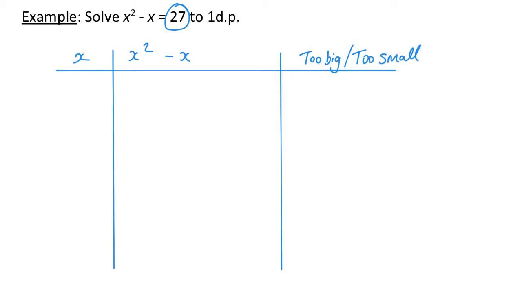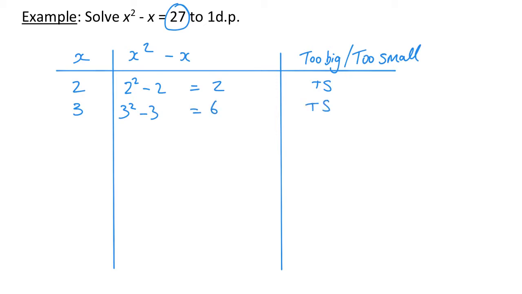So what we could try here is x equals 2. Whenever we put that into x squared minus x, we get 2 squared minus 2, which is 4 minus 2, which is 2, which is clearly too small. So we could try x equals 3, and we'd have 3 squared minus 3, which is 9 minus 3 is 6.